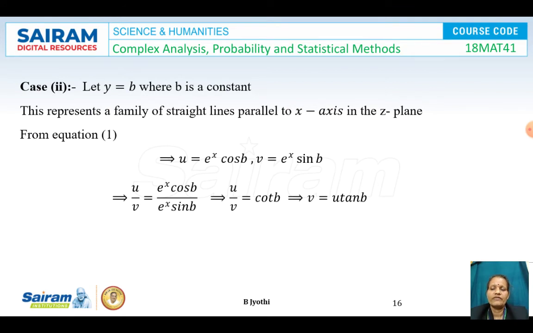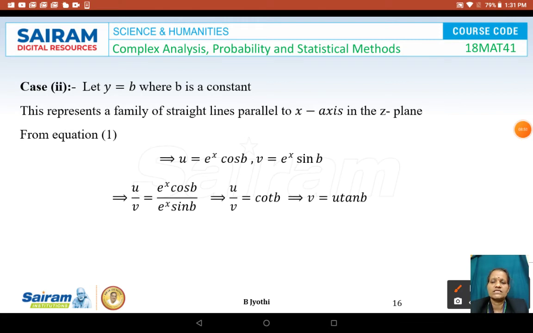Next, when we put y is equal to b, where b is a constant, this represents a family of straight lines parallel to the x-axis in the z-plane. So u is equal to e power x cos b and v is equal to e power x sin b. Therefore, u by v is e power x cos b by e power x into sin b, where e power x and e power x get cancelled.